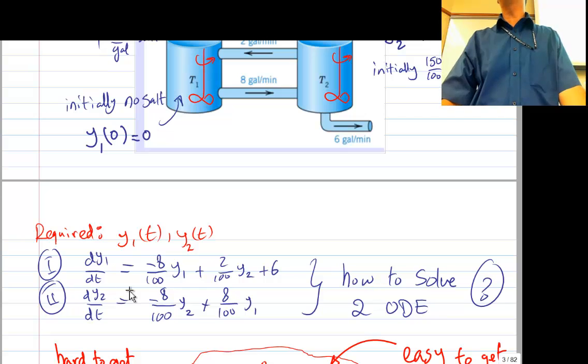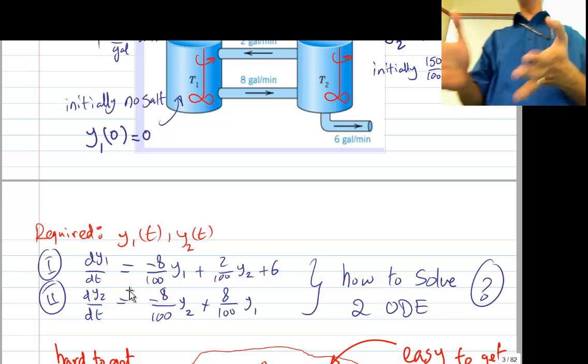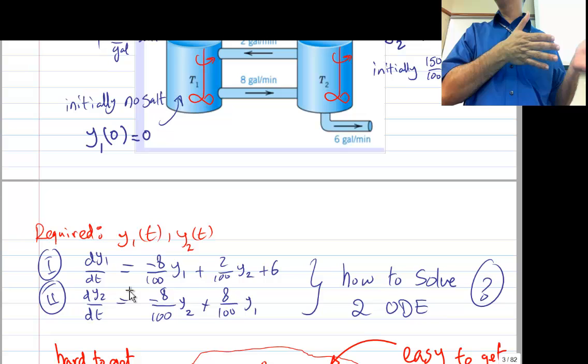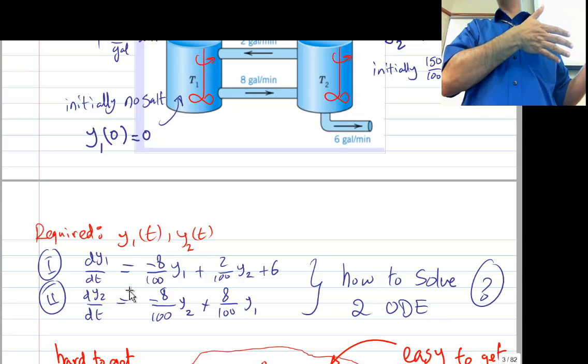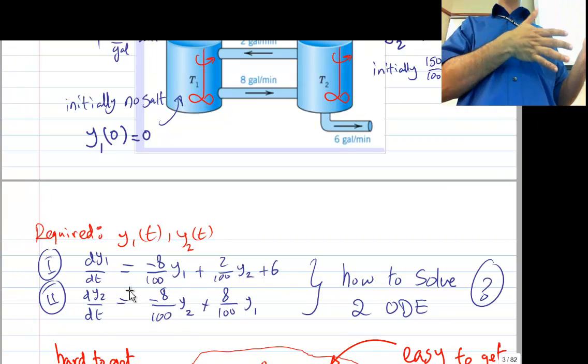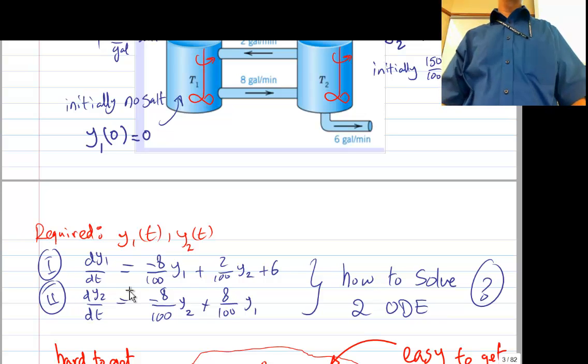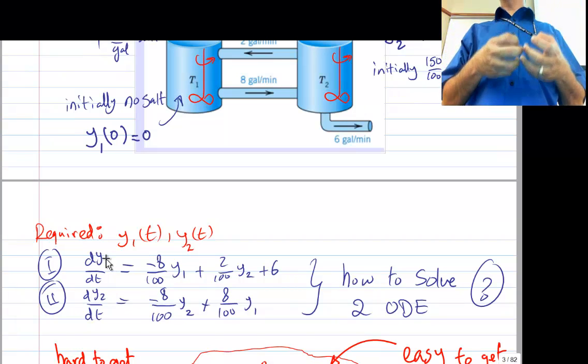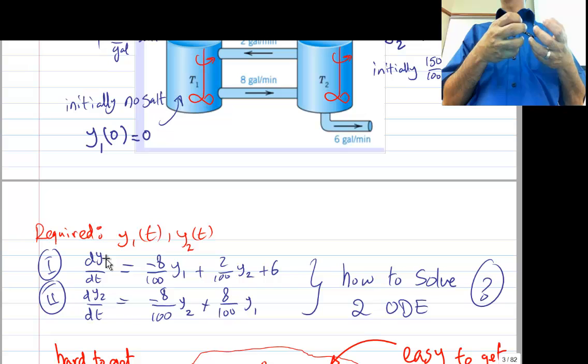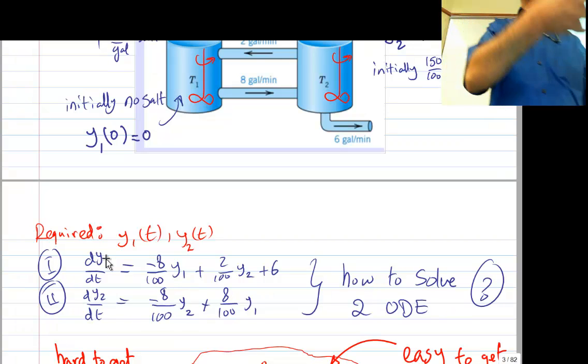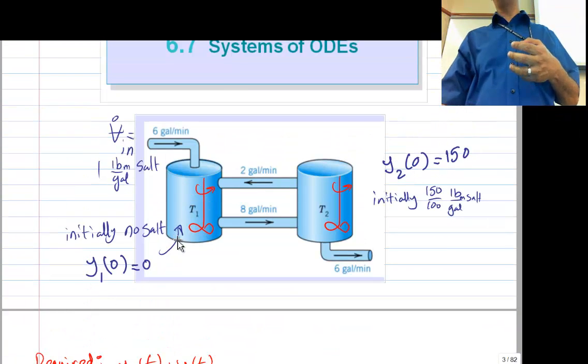What's the meaning of ordinary differential equation, as compared to partial differential equation? The equation is a partial differential equation if, what? The independent variable, not just t: y1 is not a function just of t. y1 is a function of time and x, for example, or height.